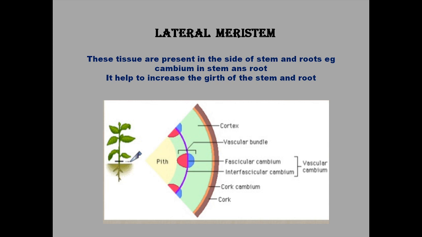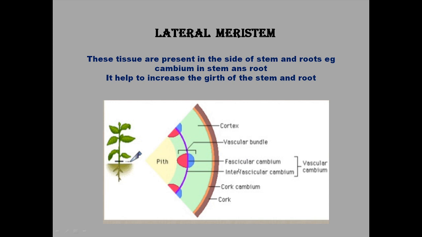Here again, in the lateral meristem, there is the formation of the primary lateral meristem and the secondary lateral meristem. In the primary lateral meristem, the fascicular or intrafascicular cambium is present, and in the secondary lateral meristem, the interfascicular cambium is present.